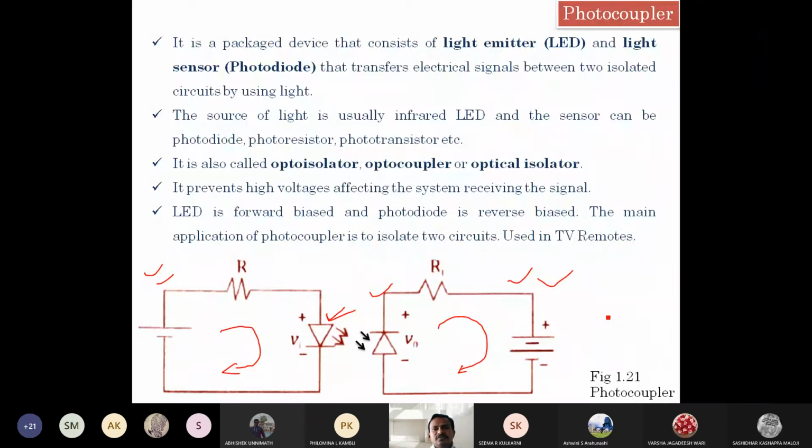But for electronics students, you are going to learn in depth, especially these LEDs and photocouplers. And one application of the photocoupler you observe regularly is the television remote. Okay, television and television remote. So this is the main application we are going to use.